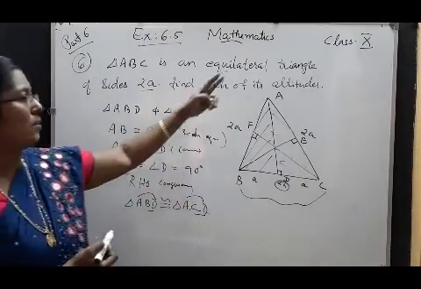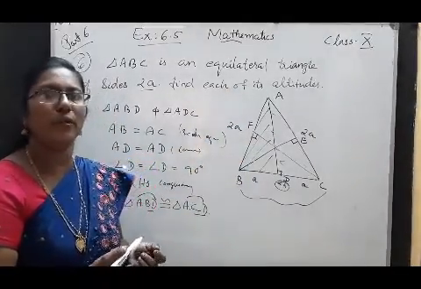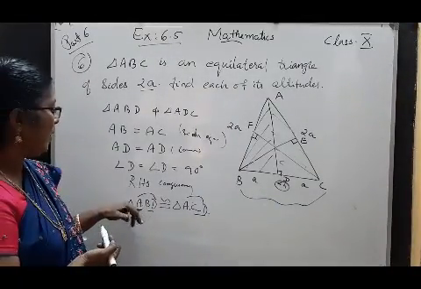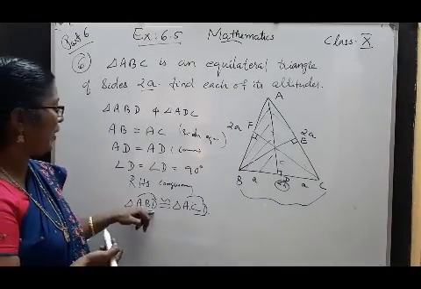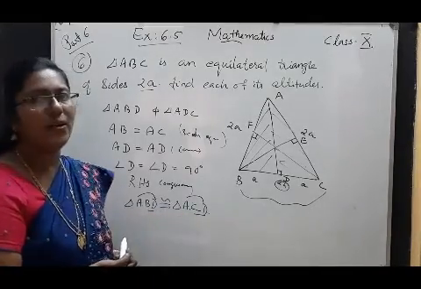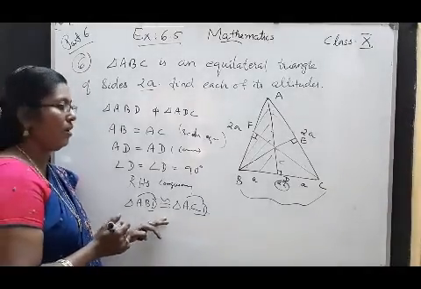That is, the altitude is common to both triangles. By RHS congruency we can say ABD is congruent to ACD. If they are congruent, the corresponding sides are equal.